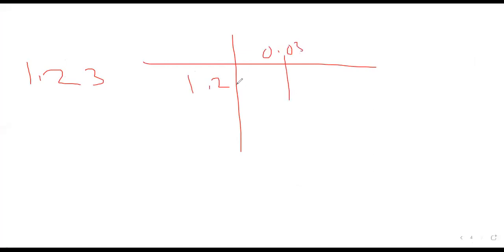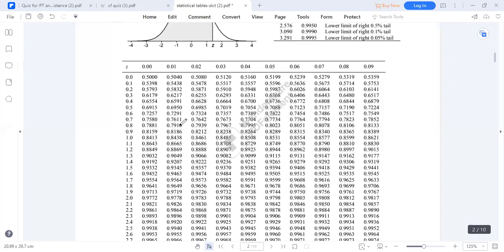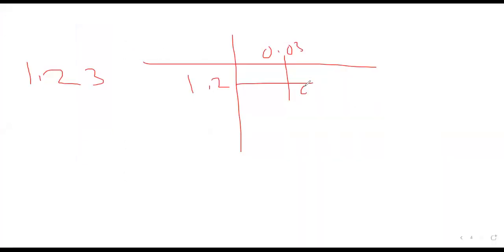That is a reading. So in this case, 1.23, what is the reading? 1.2 and 0.03, where are they meeting? 0.8907. That is where they meet.